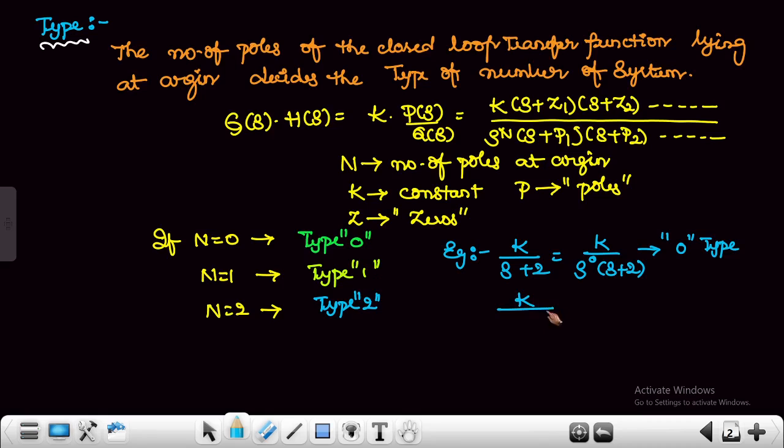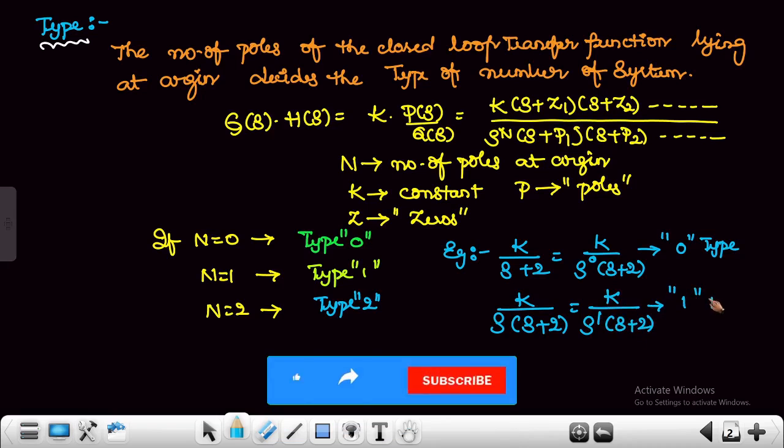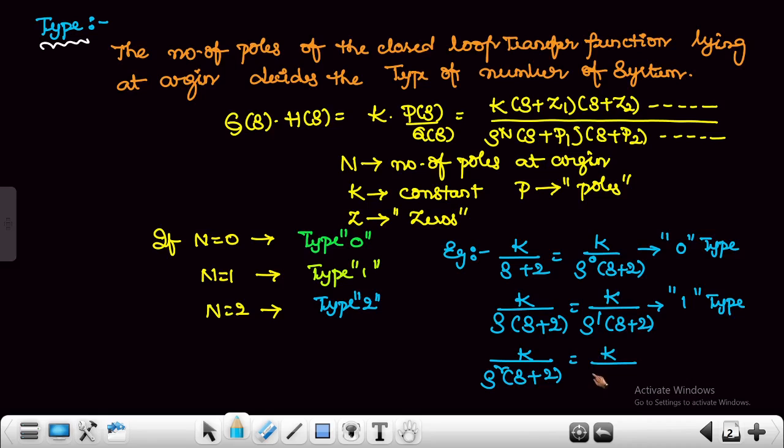Another example, K divided by s into (s + 2), that is K divided by s to the power of 1 into (s + 2), so it is a type 1 system. Another example, K divided by s square into (s + 2), that is a type 2 system.